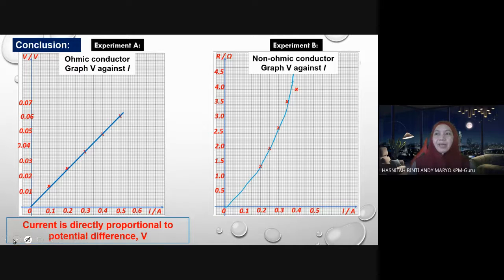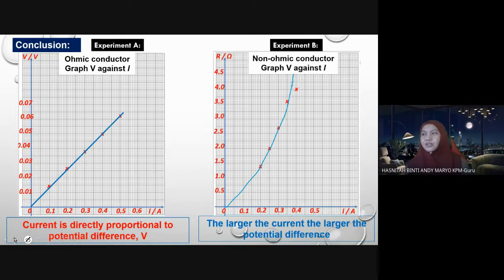For experiment A, from this pattern, we can say current is directly proportional to potential difference, or you can write potential difference is directly proportional to the current. Meanwhile, for experiment B, the non-ohmic conductor, you can say the larger the current, the larger the potential difference, or when the current increases, potential difference increases.